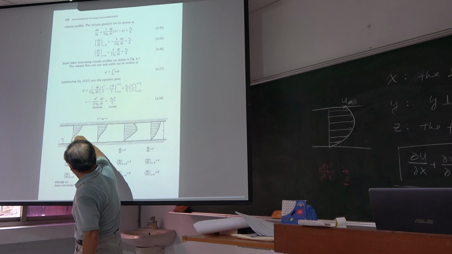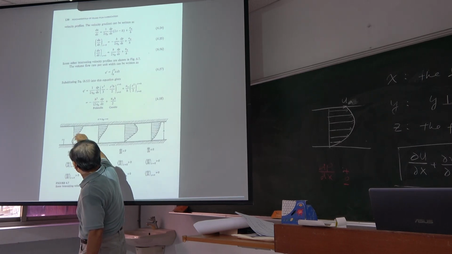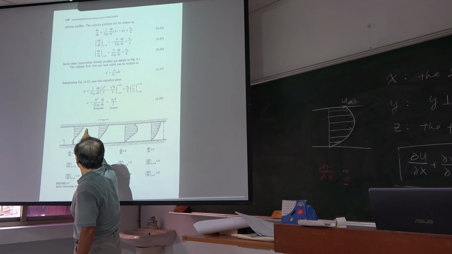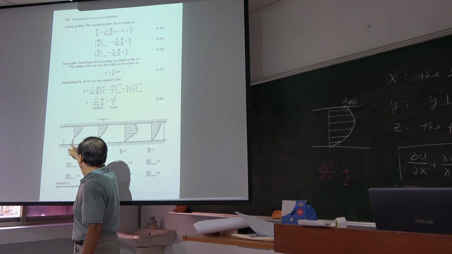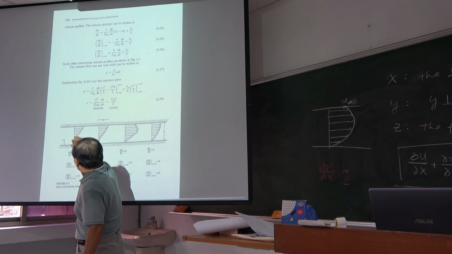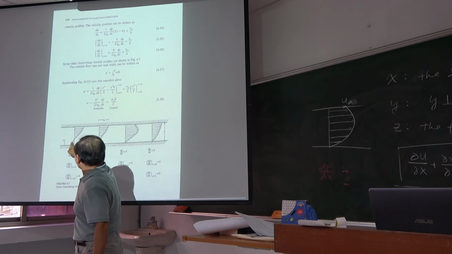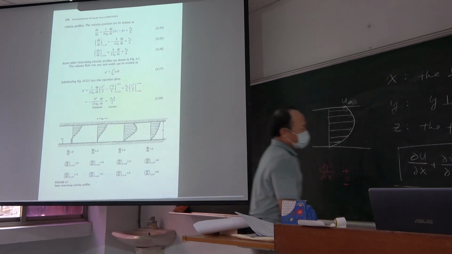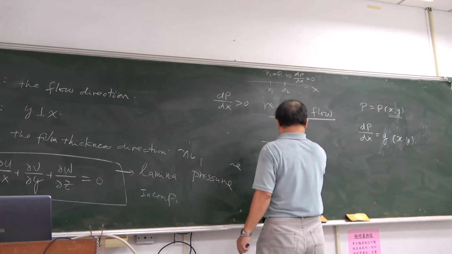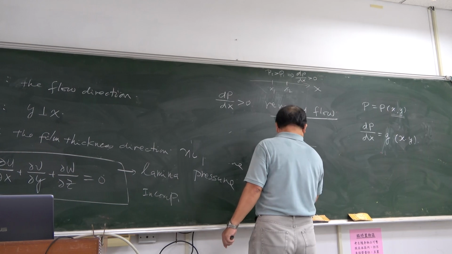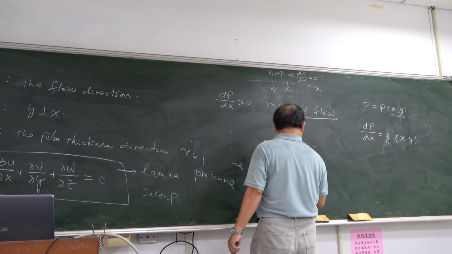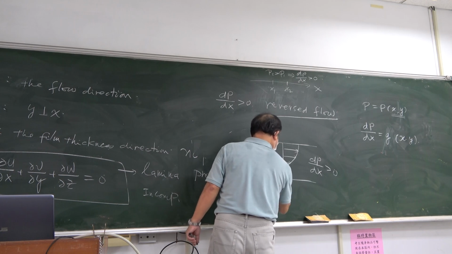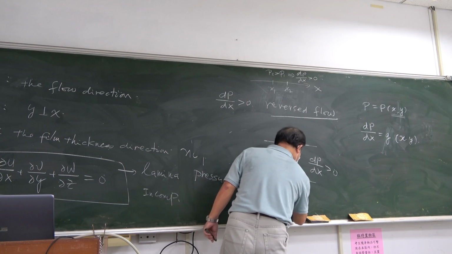So in this case, if the energy of the flow is not enough, the upper part moves forward, but in the lower part a portion of the flow will move backward. The energy here is not enough, and when the pressure ahead is large, the fluid cannot move forward and is pushed back. So this case we call back flow, or reverse flow.